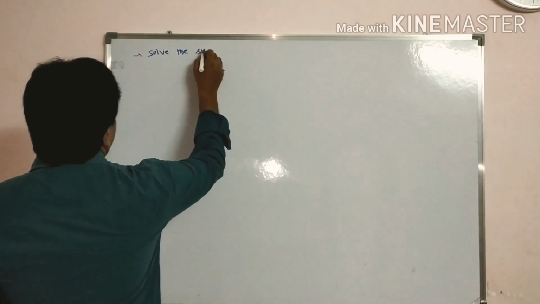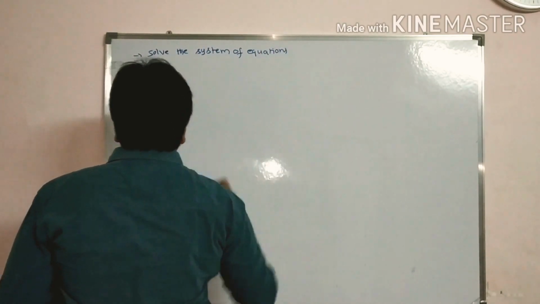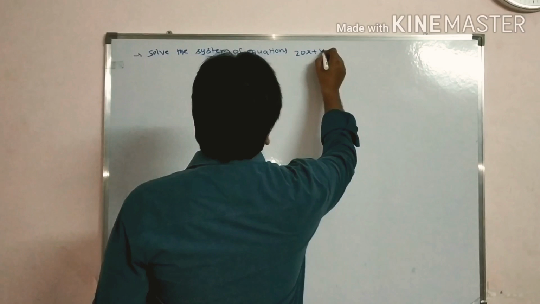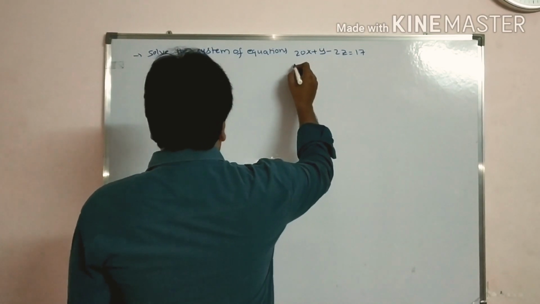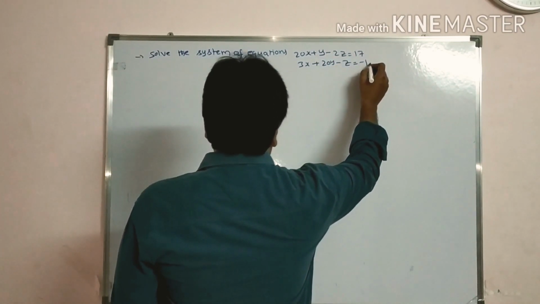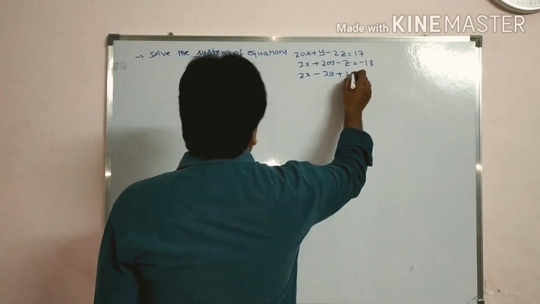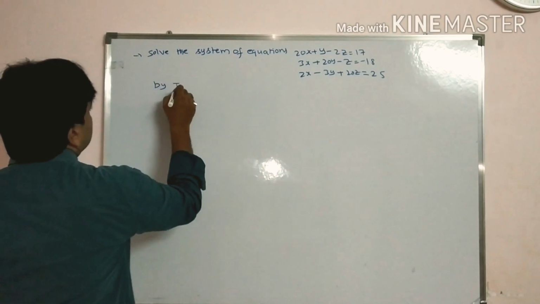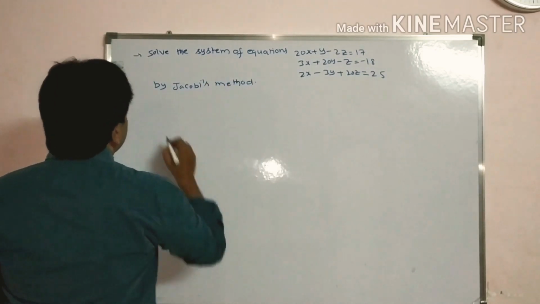Solve the system of equations: 20x plus y minus 2z is equal to 17, 3x plus 20y minus z is equal to minus 18, 2x minus 3y plus 20z is equal to 25, by Jacobi's method or by Jacobi's iteration method. Solution.